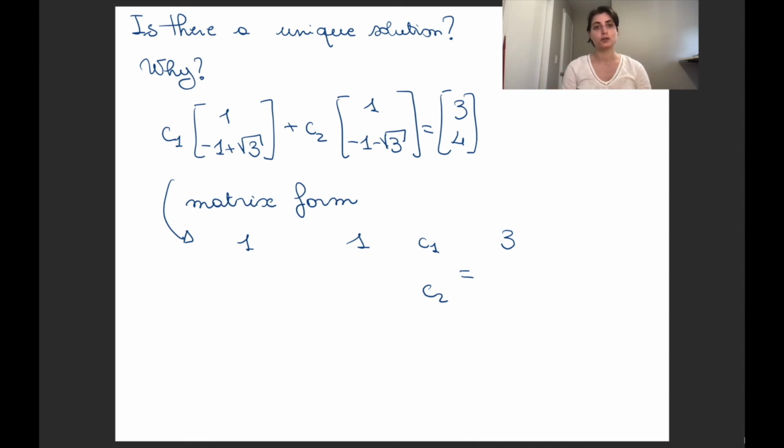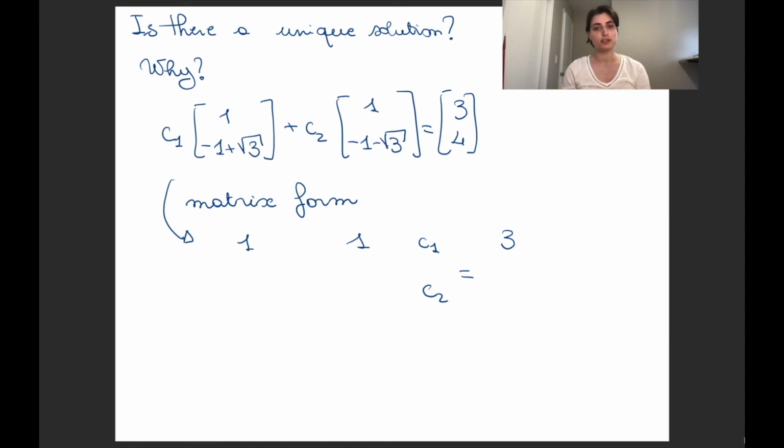Because we know that the first eigenvector and the second eigenvector are linearly independent. That means that the matrix constructed from the first eigenvector and the second eigenvector has determinant different than 0. So if we build up a matrix form based on that, it's going to have a unique solution.